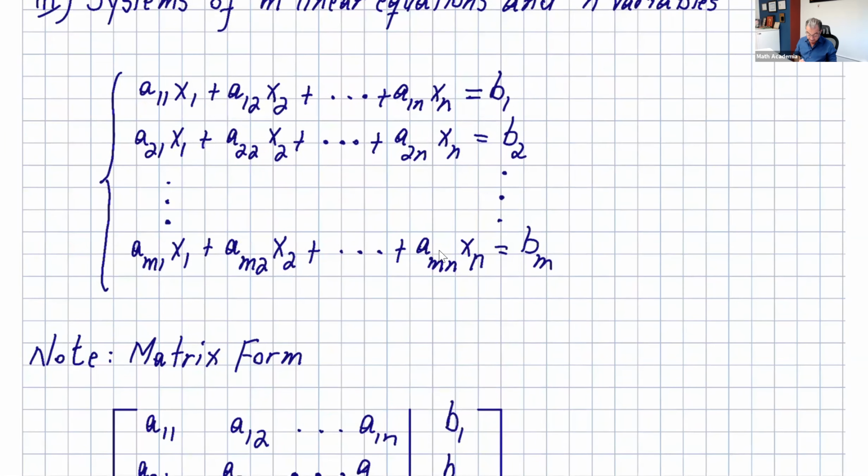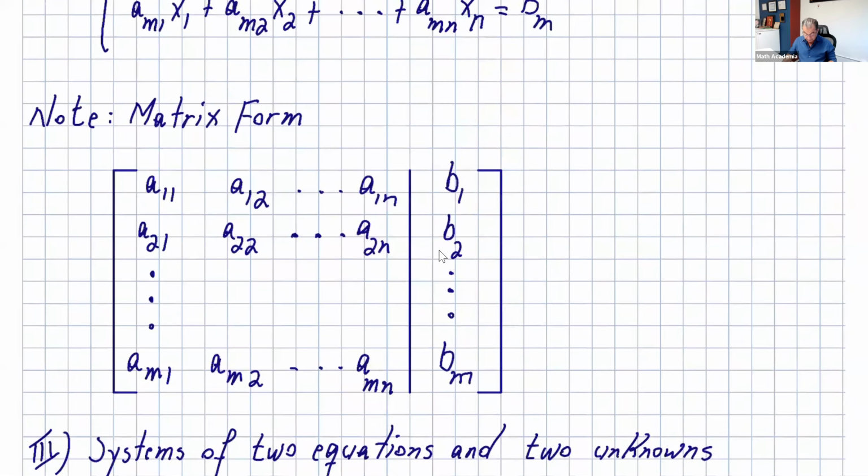The last line you can write as am1x1 plus am2x2 plus dot dot dot plus amn xn equals bm. So as you notice, what we have here is m equations and n unknowns. So this is an m by n system of linear equations.